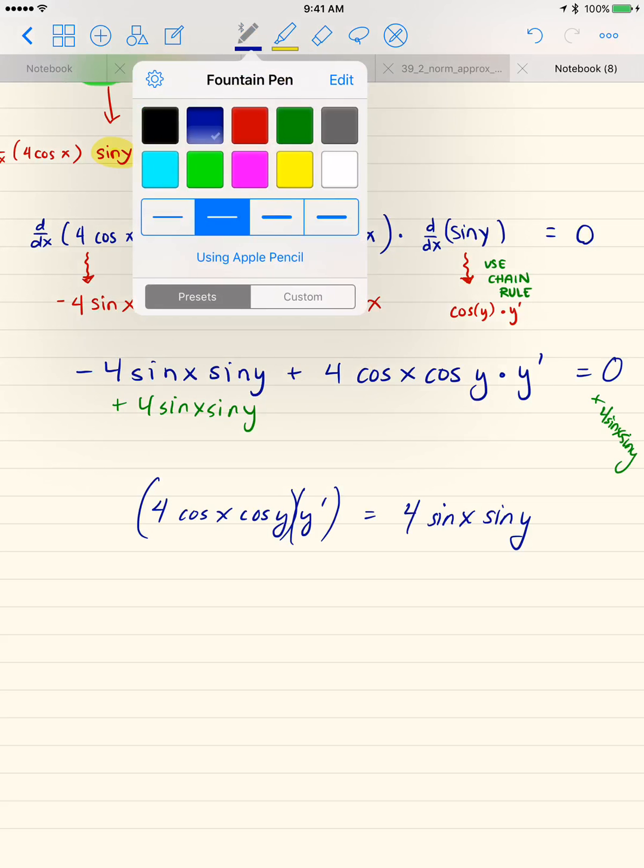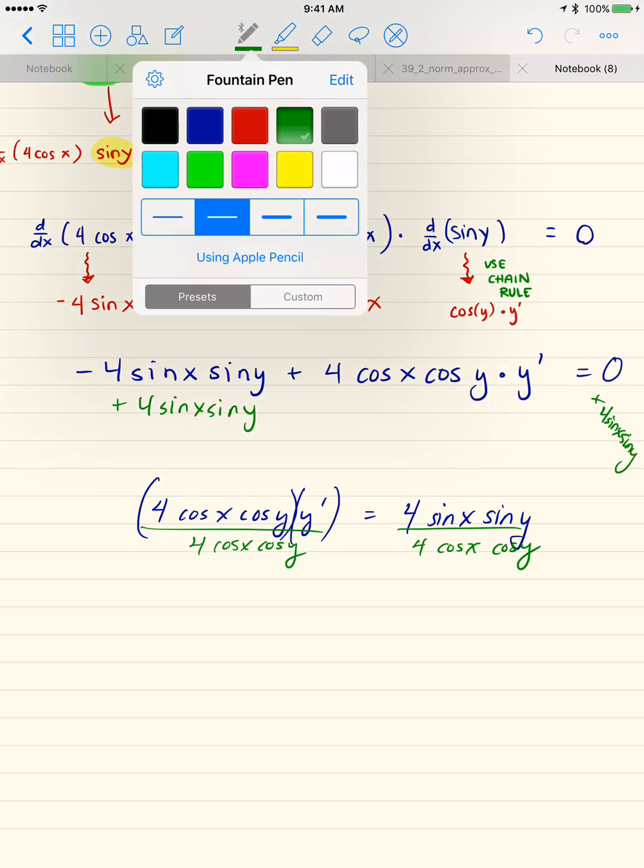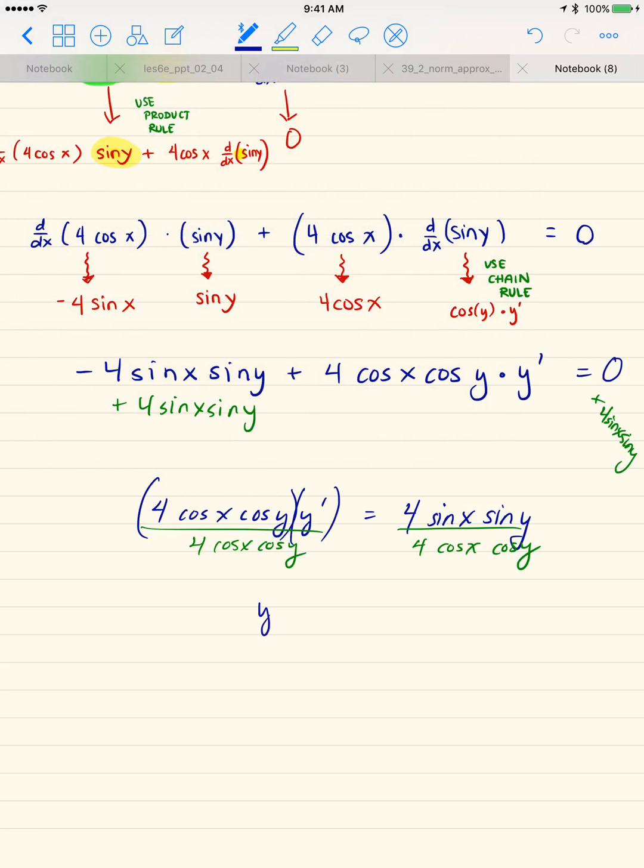And now I'm just going to divide both sides by 4 cosine x cosine y. On the left hand side I have y prime. On the right hand side the 4's cancel out. But I've got sine over cosine, which is tangent of x, and sine of y over cosine of y, which is tangent of y. So that is my final answer.